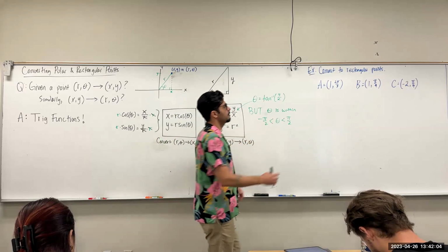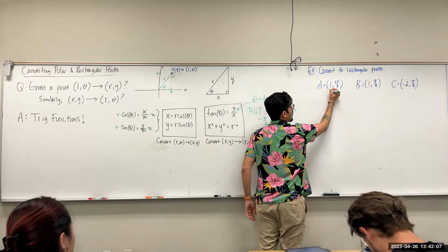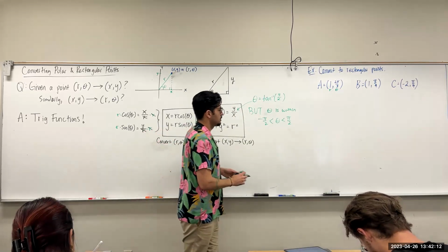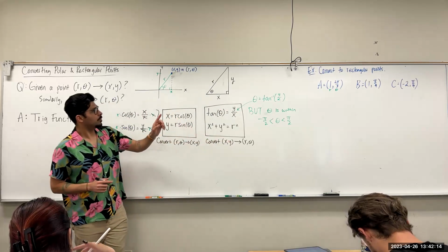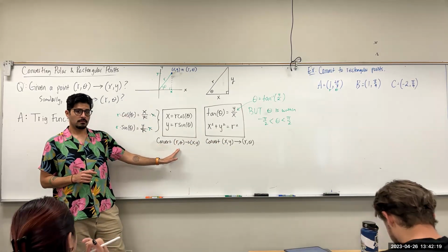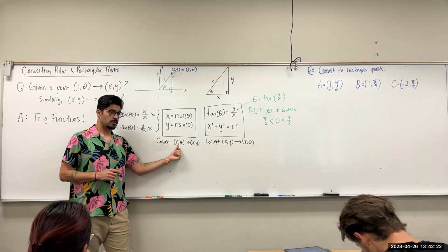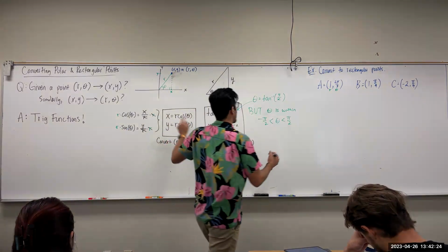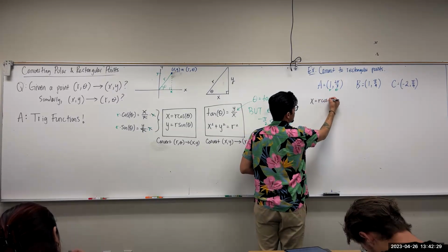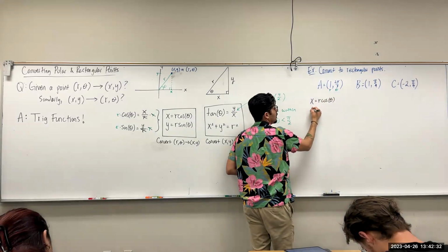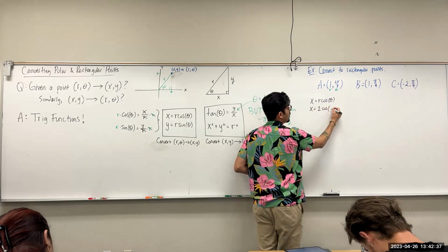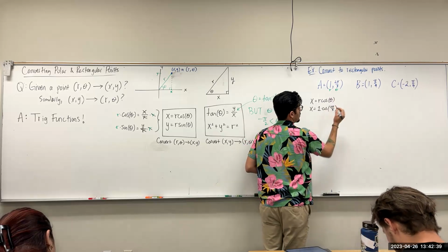So for point A, this is in polar coordinates, this is my r, and this is my theta. Which conversion equation do we want to use? The second one or the first one? The first one, because you're given the r's and the thetas, right? So to find my x, I'm going to do r cosine theta, so I plug in the r, which is 1, times cosine of 2 pi over 3.